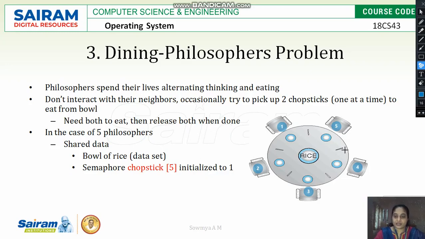The problem here is that all 5 philosophers have 5 plates, but instead of 10 chopsticks, they have only 5 chopsticks.